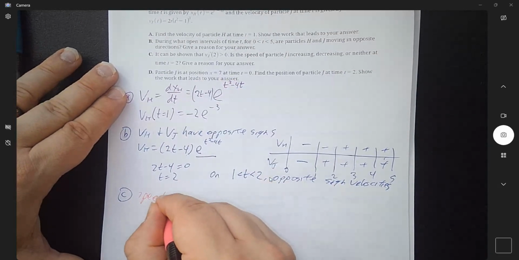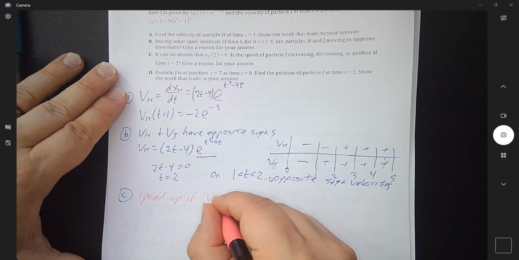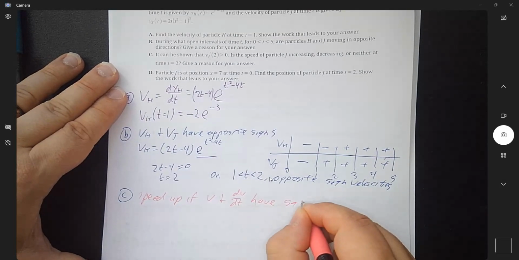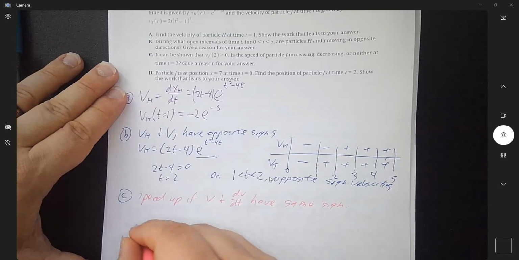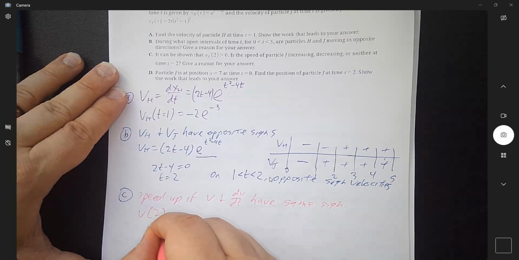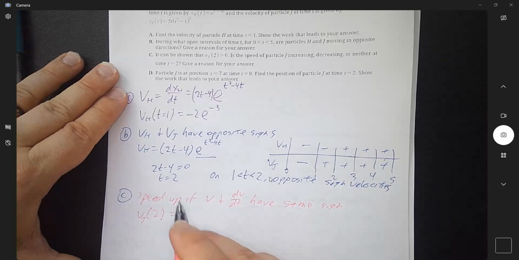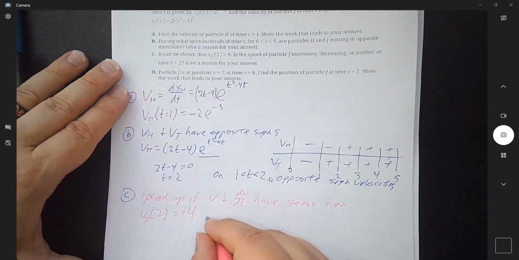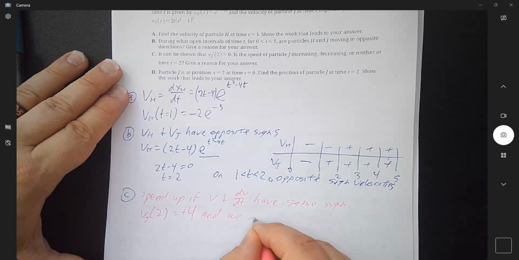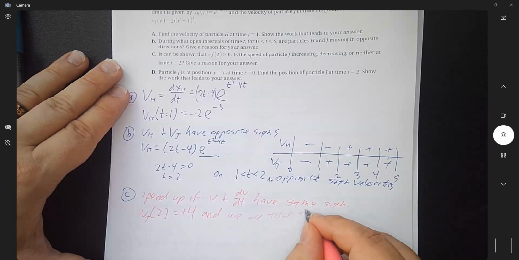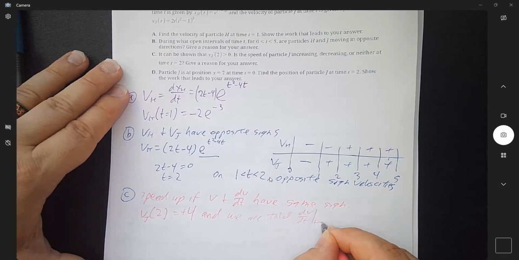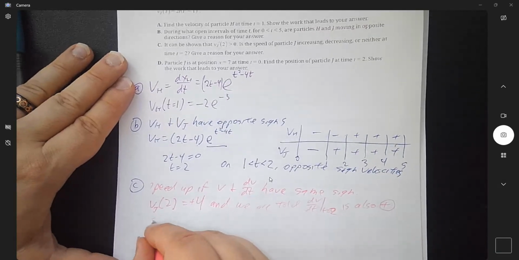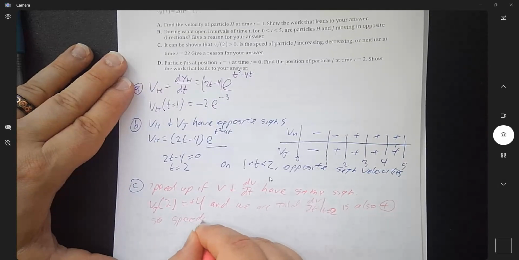Well, VJ at 2 is positive 4. And we are told dv/dt at t equals 2 is also positive, so it's speeding up.